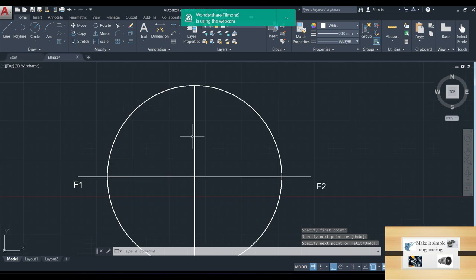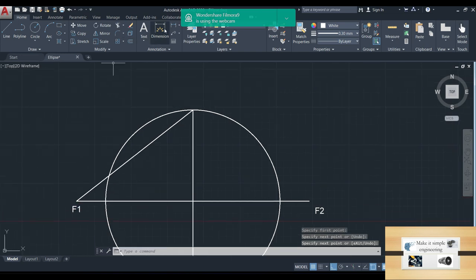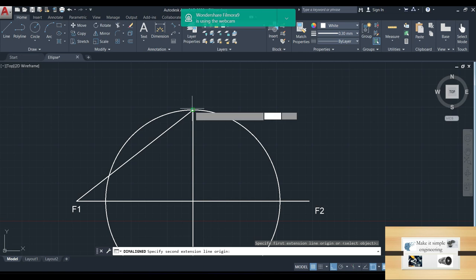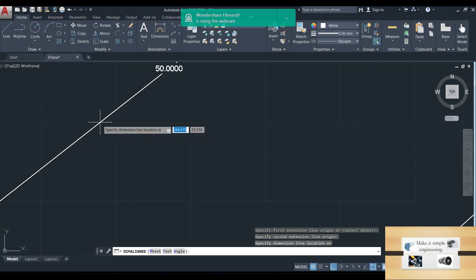So after that we have to measure the distance from this point to the focus. Here it will be around 50 mm.